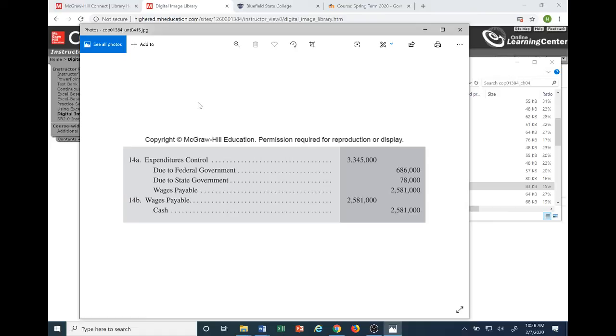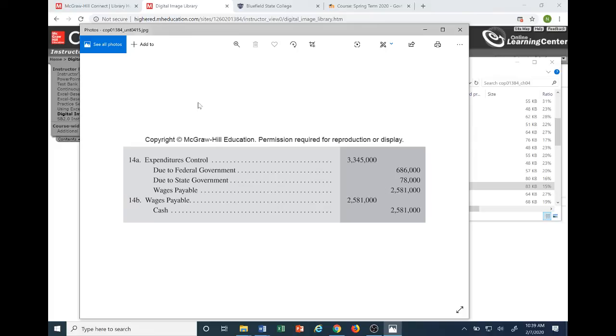Because the entire payroll amounted to 3.345 million. So that's the start of the entry. We debit expenditures control for the entire gross amount of the payroll, because that's what the expenditure is for us. Due to the federal government of 686, that's the federal income tax withholding, Social Security, and Medicare, right? Because it's coming out of their check, so it's not ours.